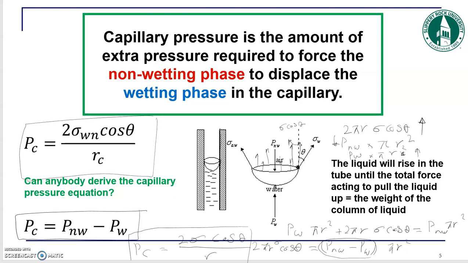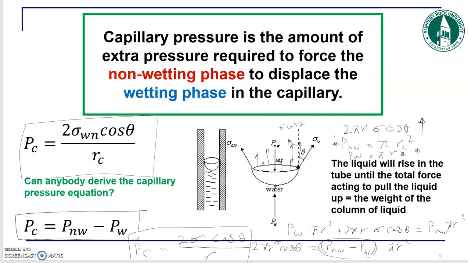So for a capillary tube, the capillary pressure can be calculated if you know the interfacial tension between these two phases, the contact angle at the surface of the solid, and the radius of the capillary tube.